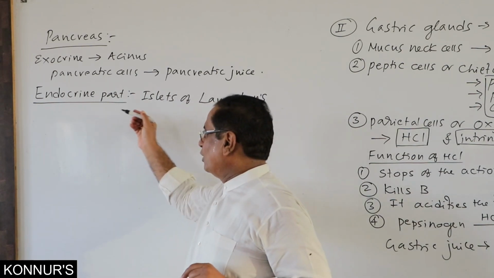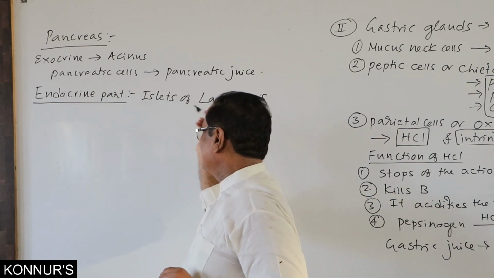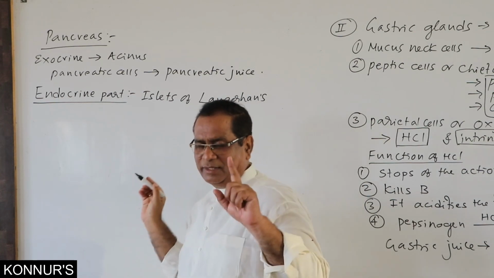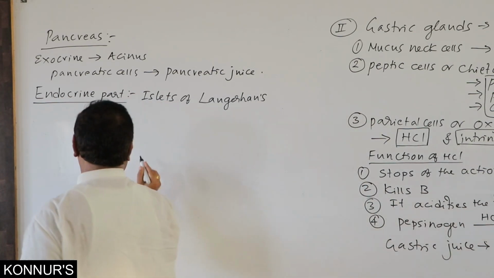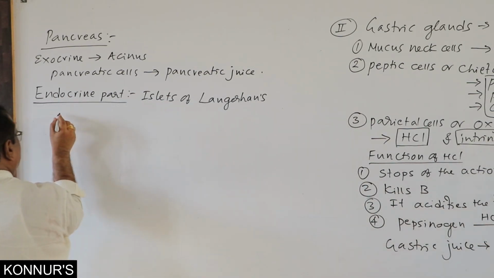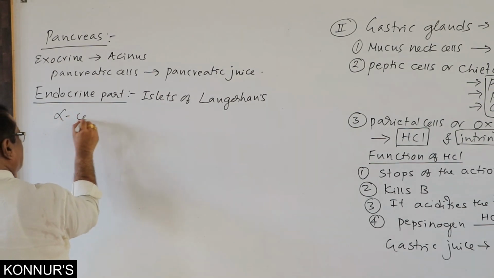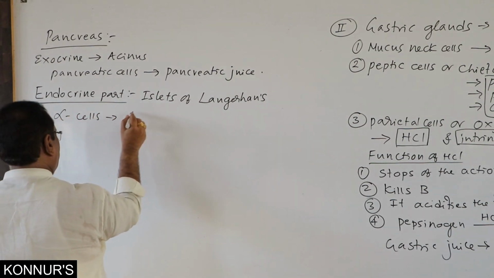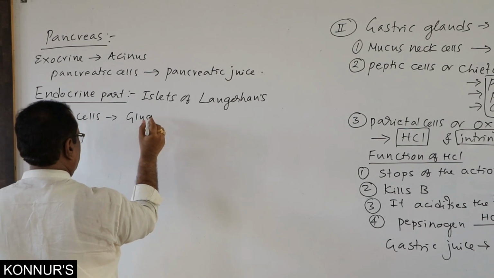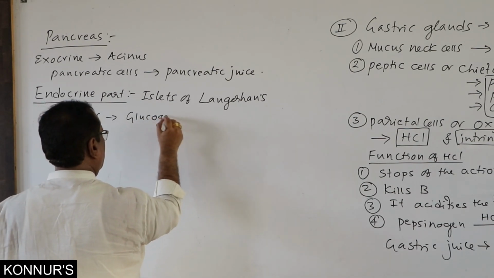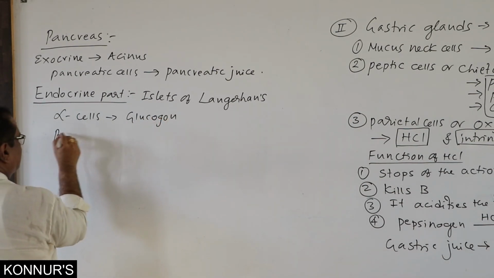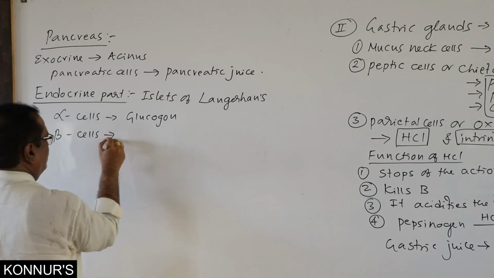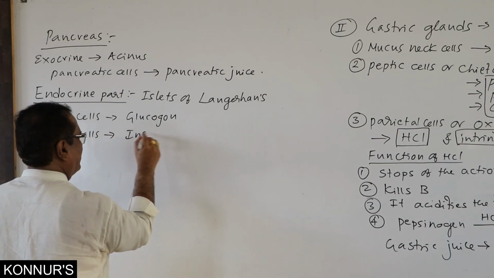This endocrine part of pancreas is islets of Langerhans. It produces 2 hormones by its 2 cells. Alpha cells produce glucagon, and beta cells produce insulin.